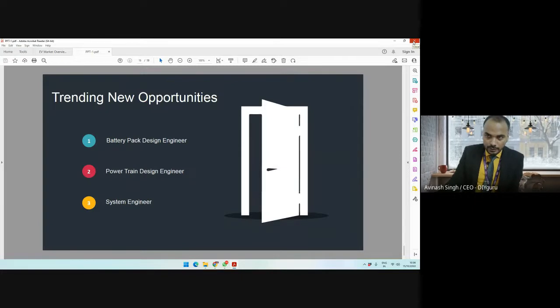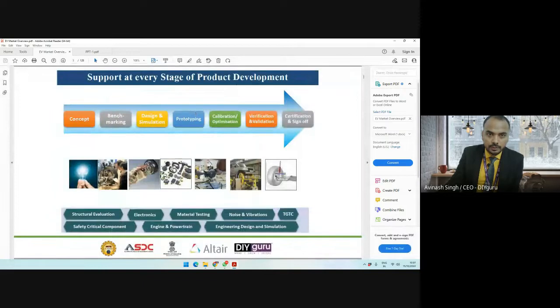Now, this class, I am going to cover the stages of product development, and the goal here will be to tell you about the market currently existing in the EV industry, and the verticals in the EV industry that you can look forward to, and we will touch more on artificial intelligence and machine learning.